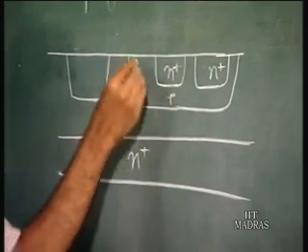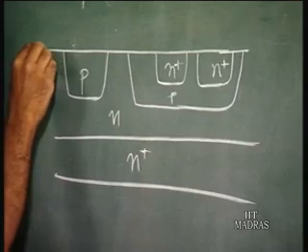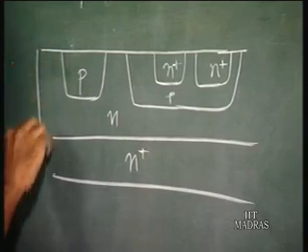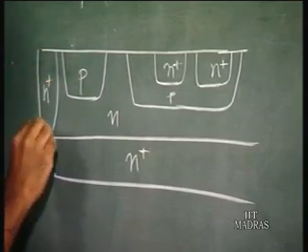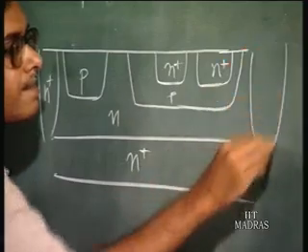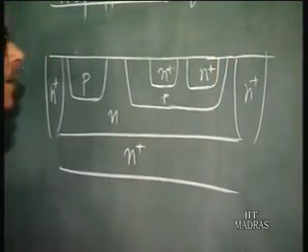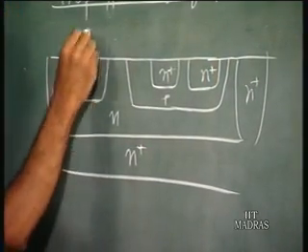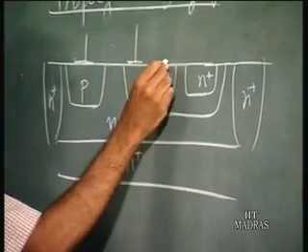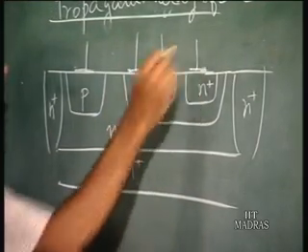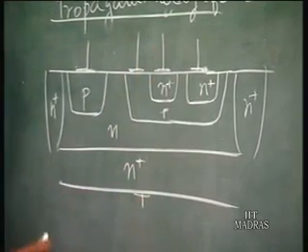This is the base, this is the injector, and then you have the N plus guard ring. This is the injector contact, this is the base contact, this is the collector contact, and then you have the emitter contact from below.